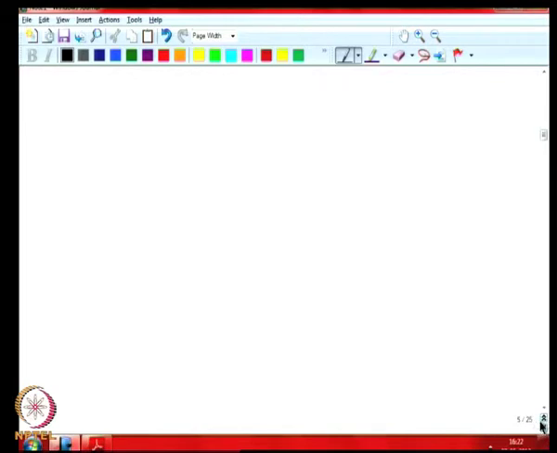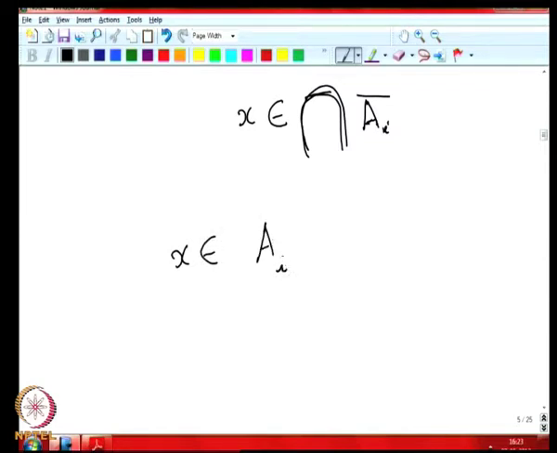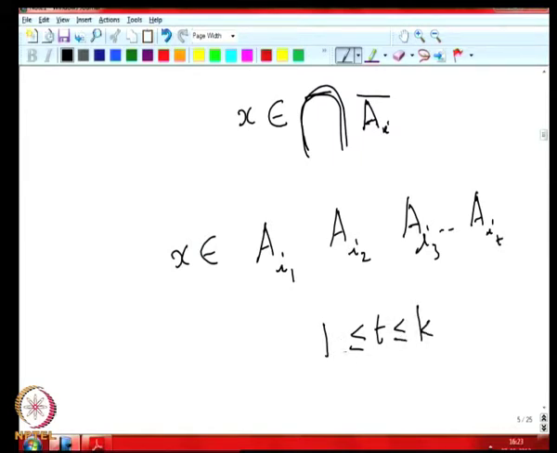Now, the second case is, suppose x is not in the required set. That means it is not in the complement of the union, so x is in some A_i's. We will say that x belongs to exactly these A_i's: let us say it belongs to A_i1, A_i2, A_i3, up to A_iT. Note that T is anything between 1 and k, because there are a total of k sets, and we know that it belongs to at least 1.